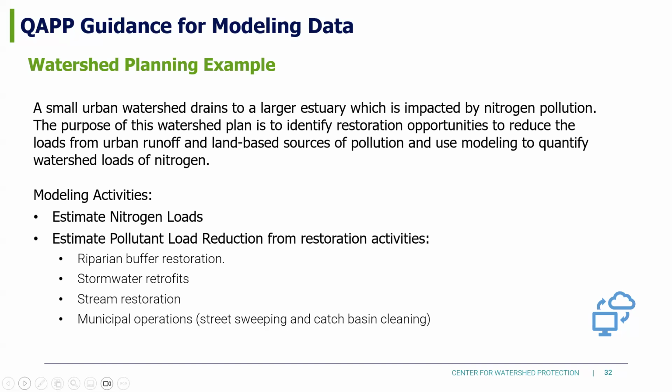The example is a small urban watershed that drains to a larger estuary that is impacted by nitrogen pollution. In this watershed plan, the purpose is to identify restoration opportunities to reduce the loads from urban runoff and land-based sources of pollution, and use modeling data to quantify watershed loads of nitrogen.